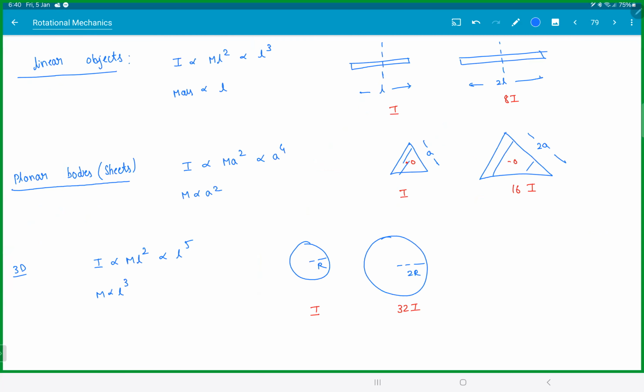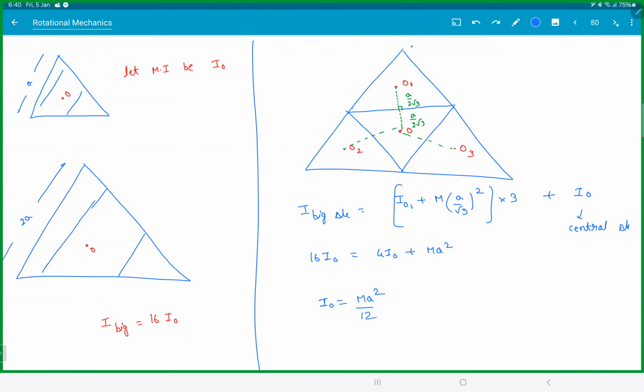Previous page here. No? Let's see one more, a little different one.